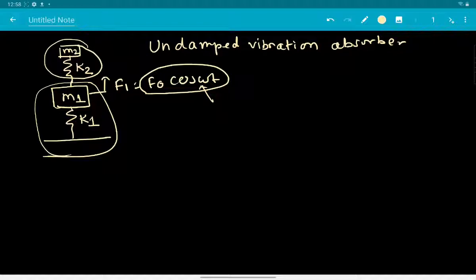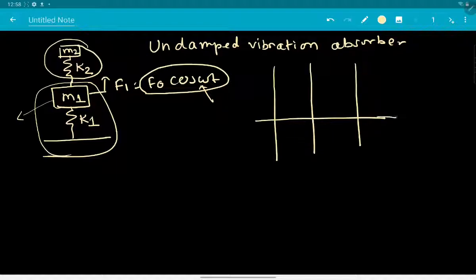In the 2 degree of freedom system we already have seen the response of mass m1. If you try to plot the amplitude of steady state response, then that amplitude behaves something like this.